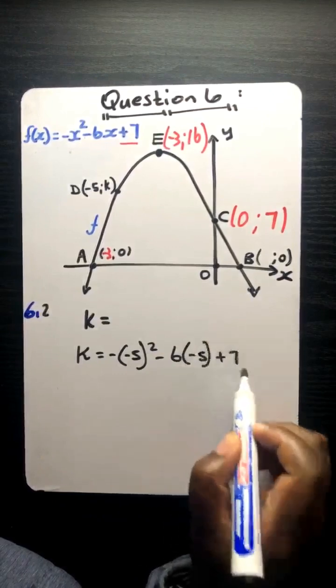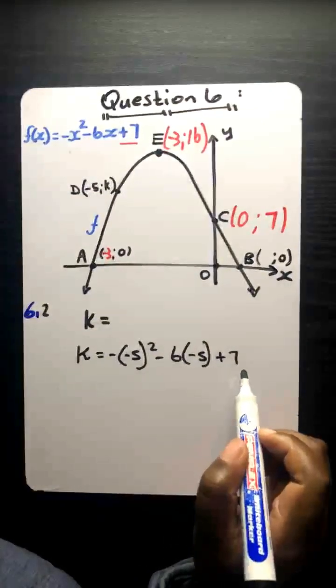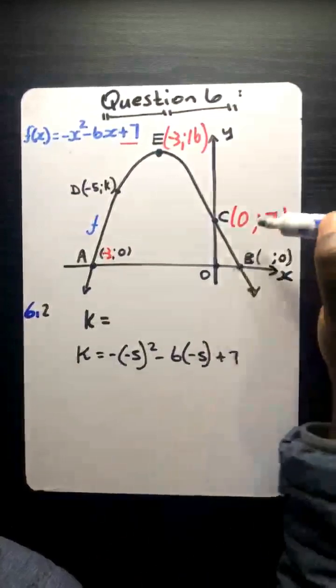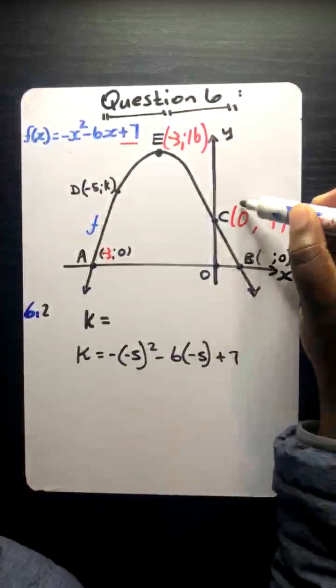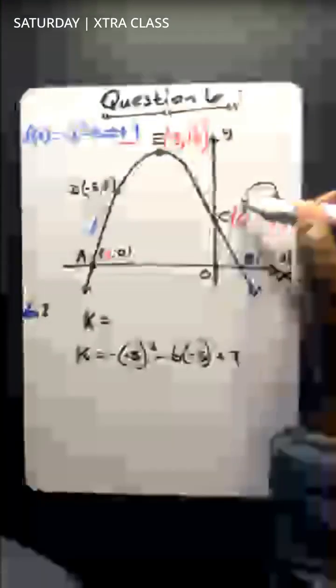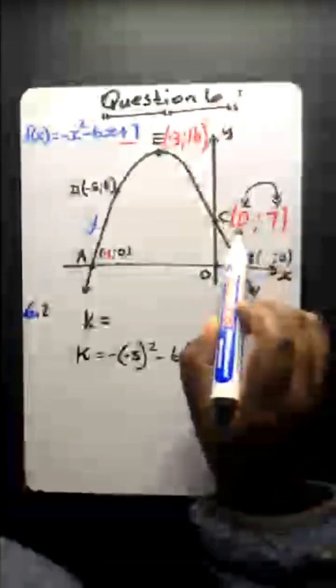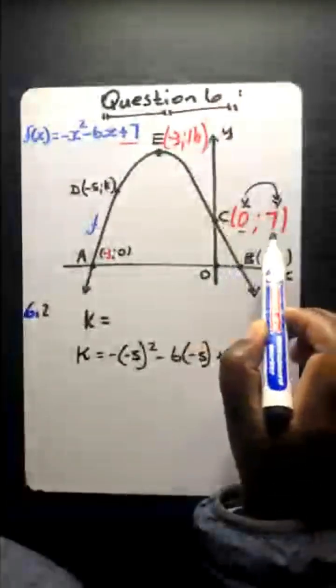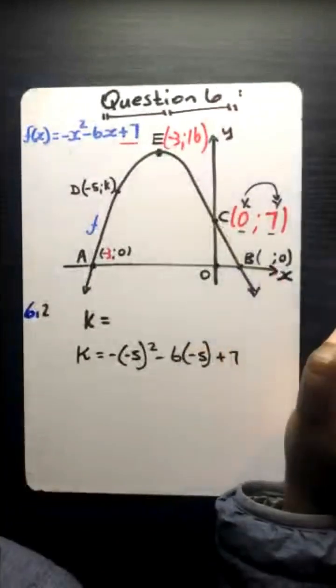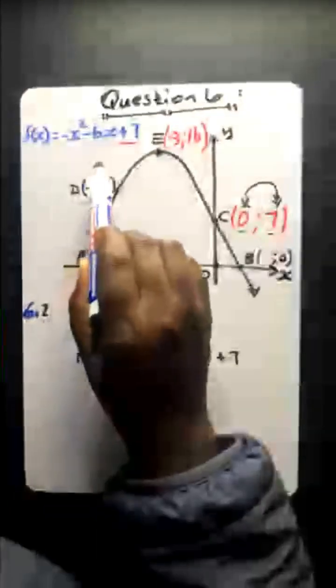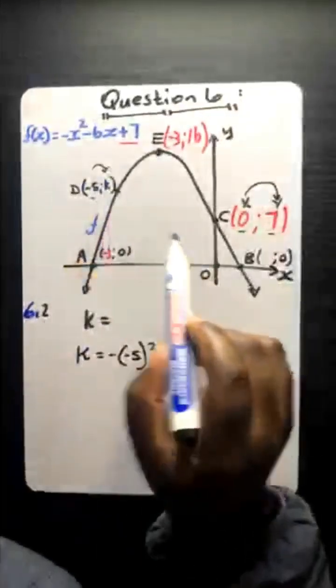So at all times when you see the coordinates, just know that this is X and this is the corresponding Y value. Don't just call it Y, but call it the corresponding Y value. So in this case, we have X and this is the corresponding value, meaning to know what that is, you must know what that is.